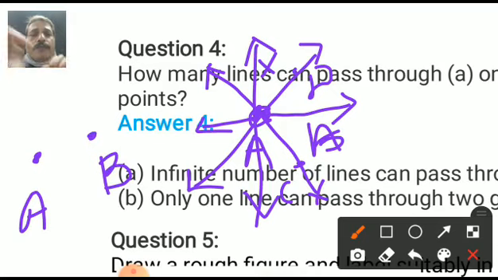Can you see on screen? There are 2 points A and B. From both of these points, how many lines can pass? We can draw a line with the help of a scale. Yes, my dear student, this line contains points A and B. Can you take any other line which includes both points?